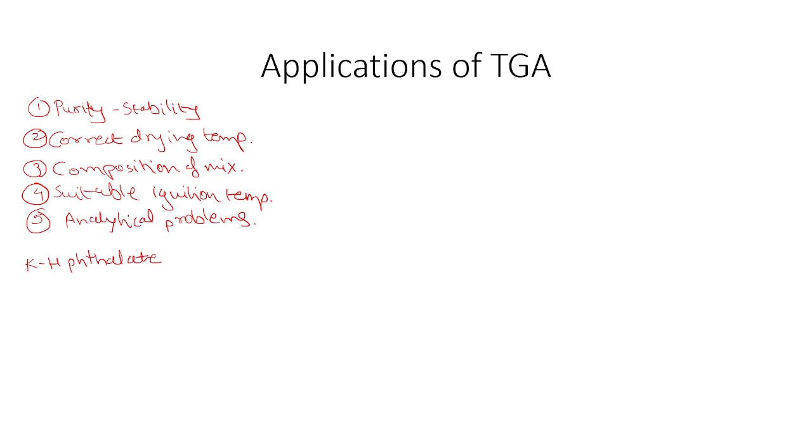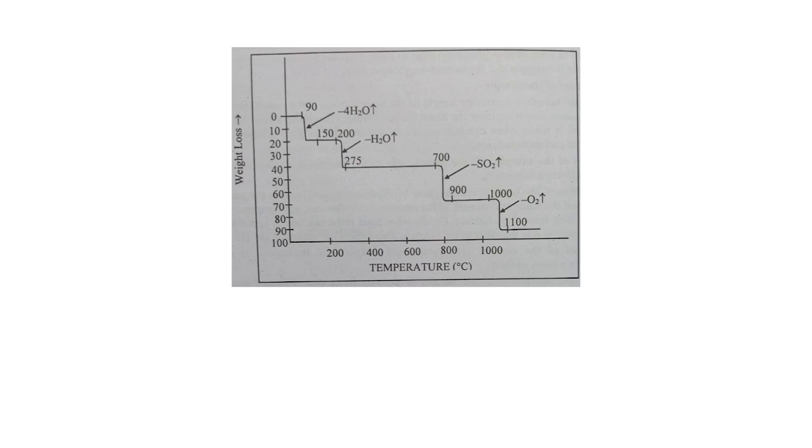After that drying temperature it may undergo dehydration. To avoid that, knowledge of the correct drying temperature is very important. Then the third application is that the TG curve gives information about the drying temperature of the precipitate obtained in the gravimetric analysis. The suitable ignition temperature of a compound can be determined.